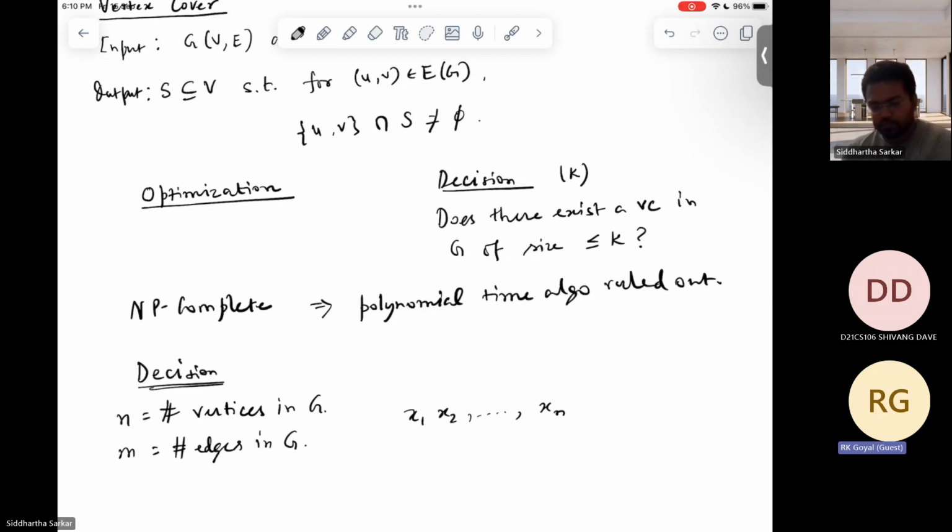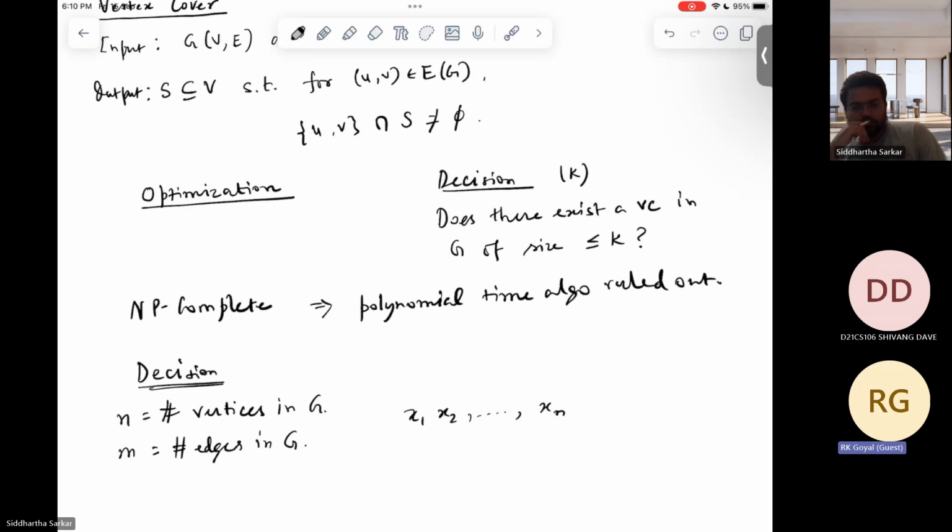In total, the number of binary strings possible would be 2 raised to the power n, wherein the number of ones would be equal to k, because it's a decision variant and the value of k is given to us. So the total running time would be of the order of 2 raised to the power n multiplied by n square.